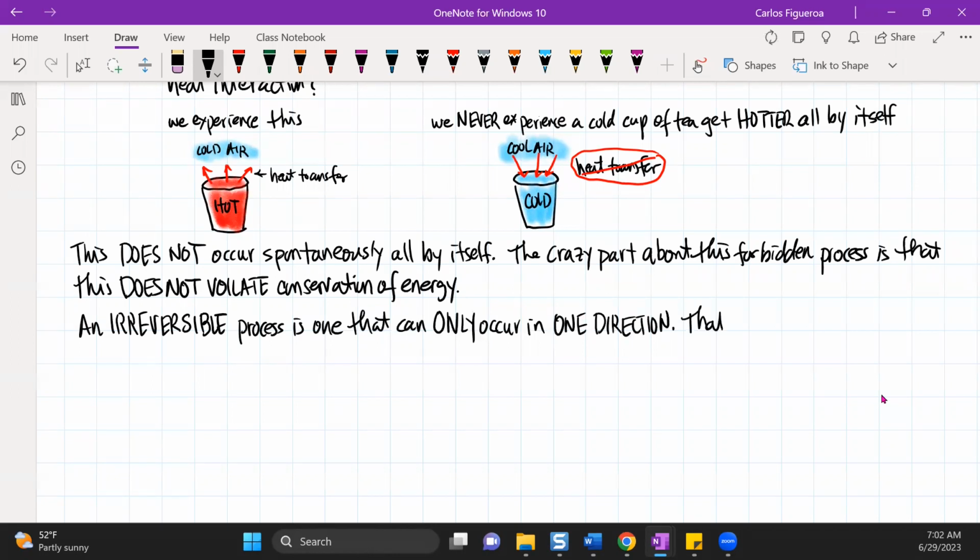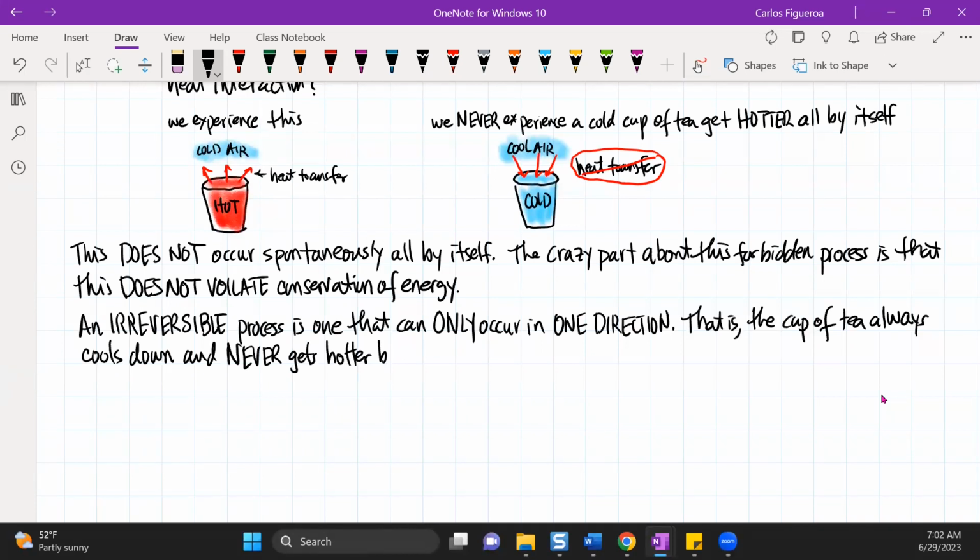That is, the cup of tea always cools down and never gets hotter by itself. This is one directional.